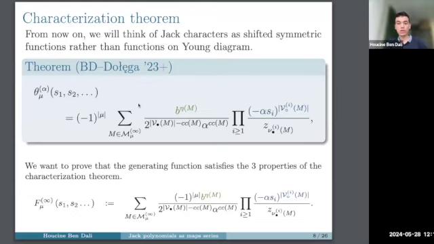Yes. So actually, no, they're not finite sums, because we have infinitely many variables s_i here. But since we are taking maps of a fixed size mu, they will have a finite number of layers.